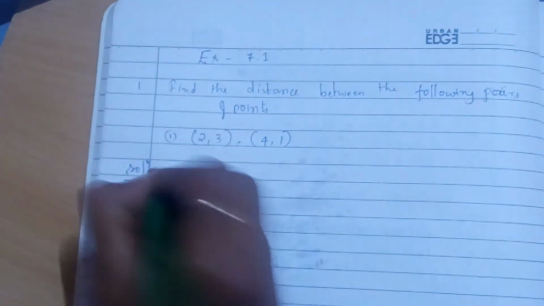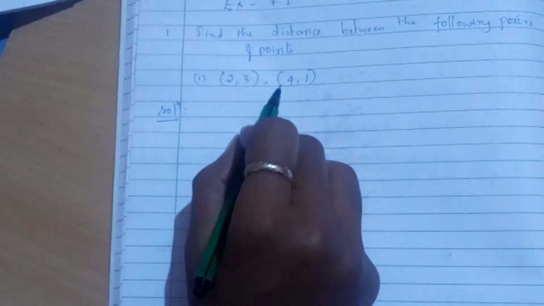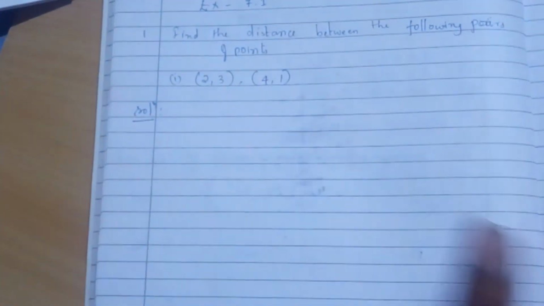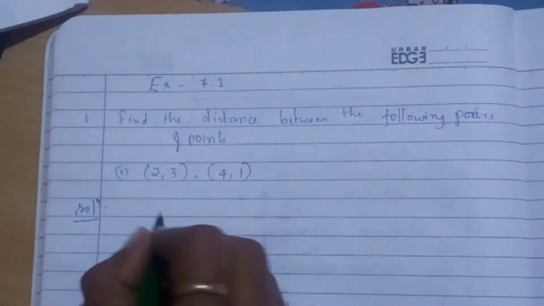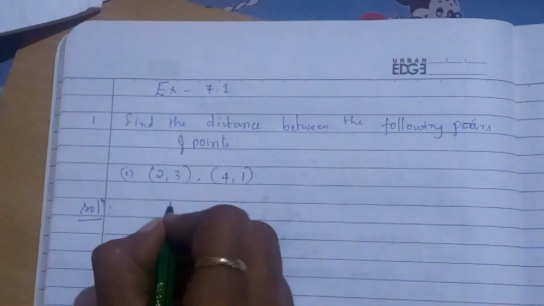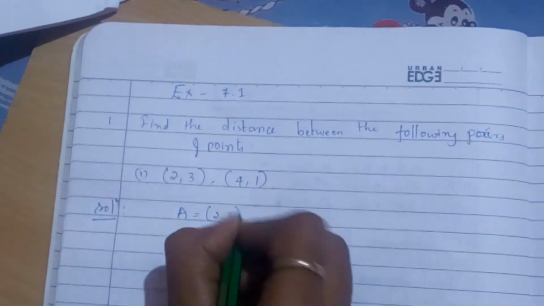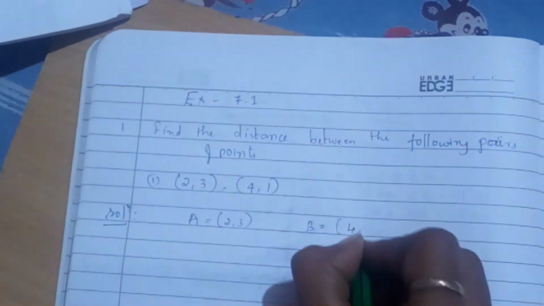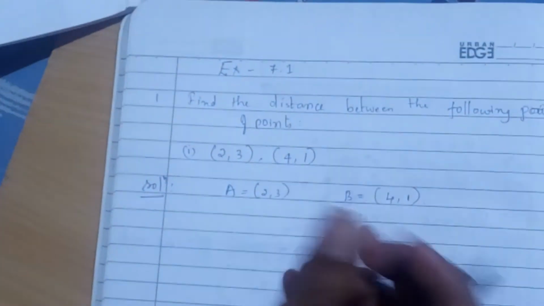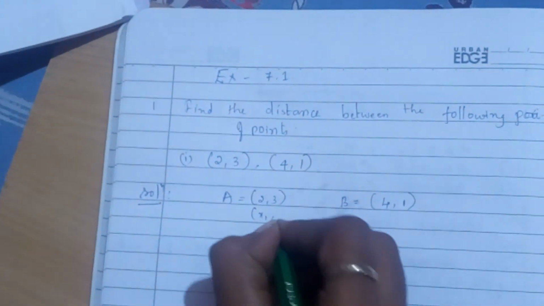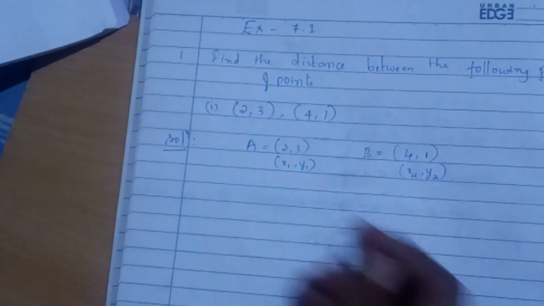The solution to this problem: here the 2 points are given and we need to find the distance between the pair of points. First, name these points. A is equal to (2, 3) and B is equal to (4, 1). These points can be considered as x1, y1, and this can be x2, y2.